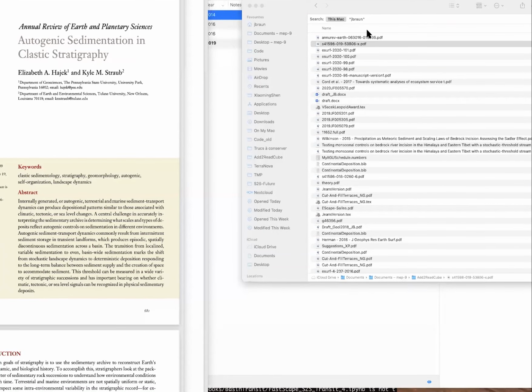One of the issues is that the profile I showed you assumes Hack's slope, and that's not for the catchment. So I'll share my screen again, and then go back to the Jupyter lab.